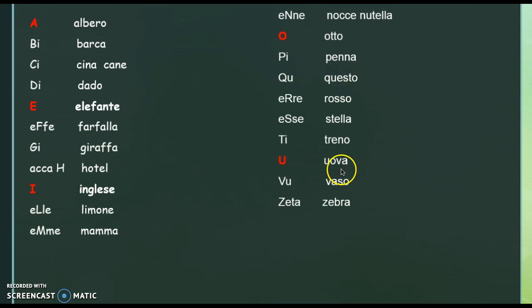U, uova. V, vaso. Z, zebra. Alfabeto italiano. A, B, C, D, E, F, G, H, I, L, M, N, O, P, Q, R, S, T, U, V, Z.